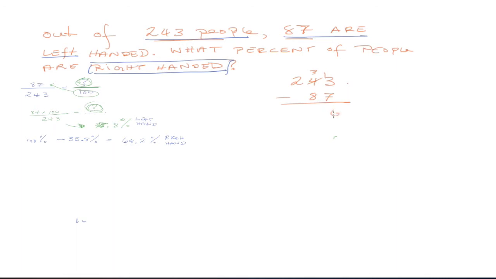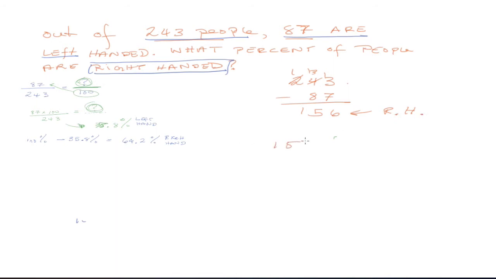That gives you 6. 3 and 8 you can't, you borrow again, 13. 8 and 13, that's 5, 1. There's 156 right-handed people. Right hand, RH.